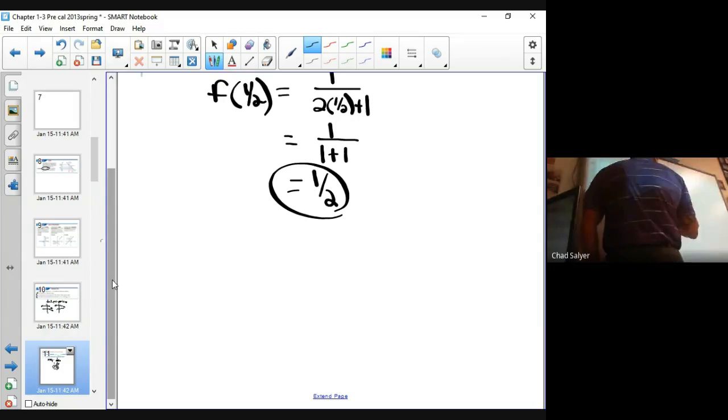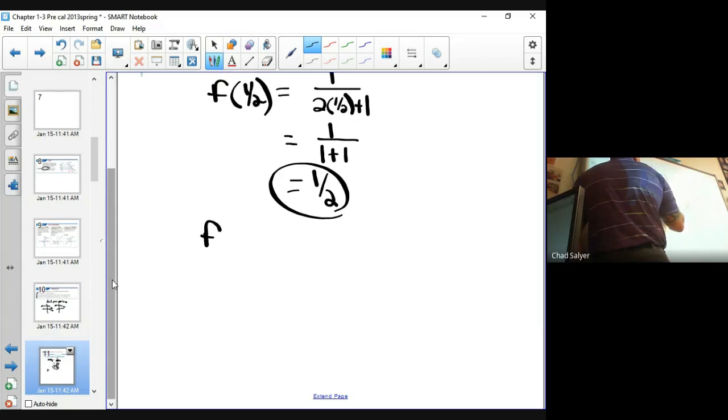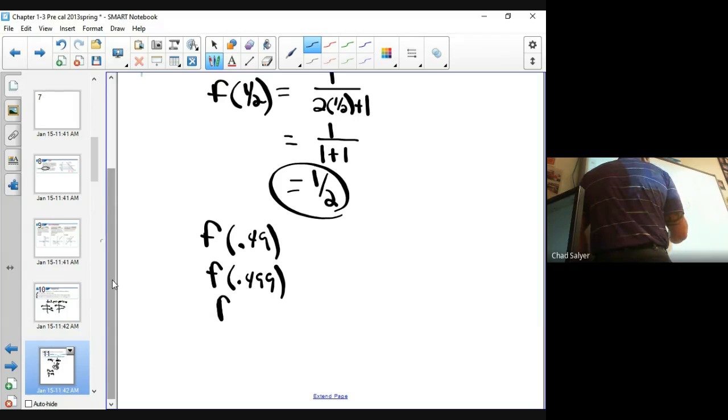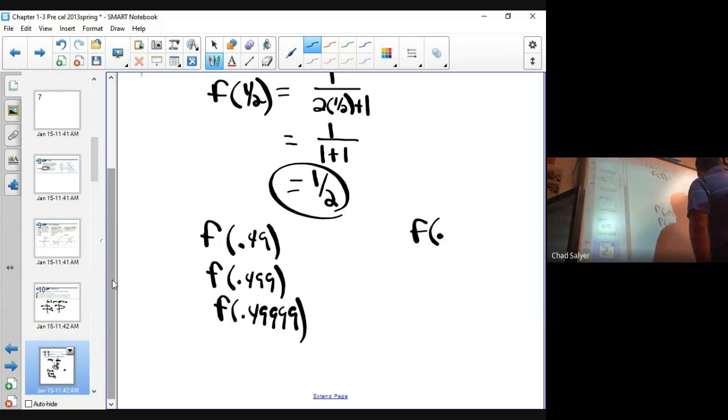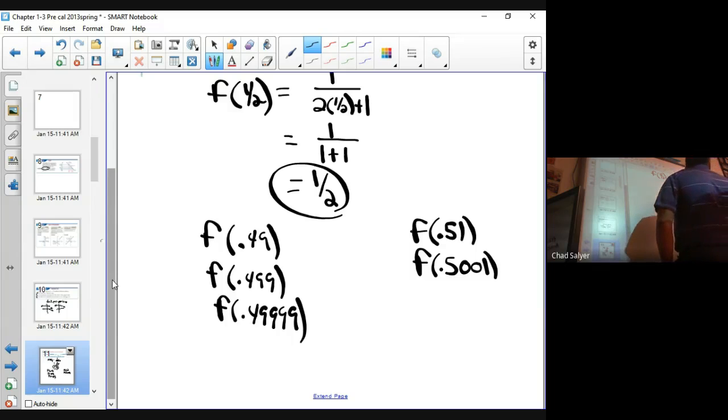In other words, if I say f of 0.49 and f of 0.499 and f of 0.49999, so I'm getting really close from the left, and then just a little bit to the right, let's add a couple more zeros here.